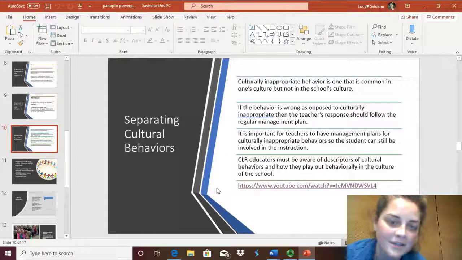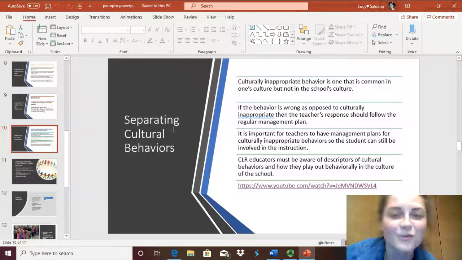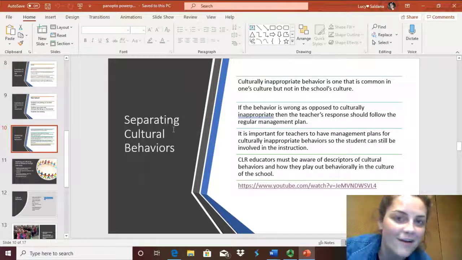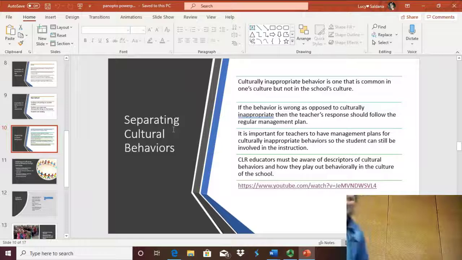They are just from a different culture, and you need to remember that and remember to have a different management plan for your cultural kids than you do for your regular kids. Now Anna's turn.